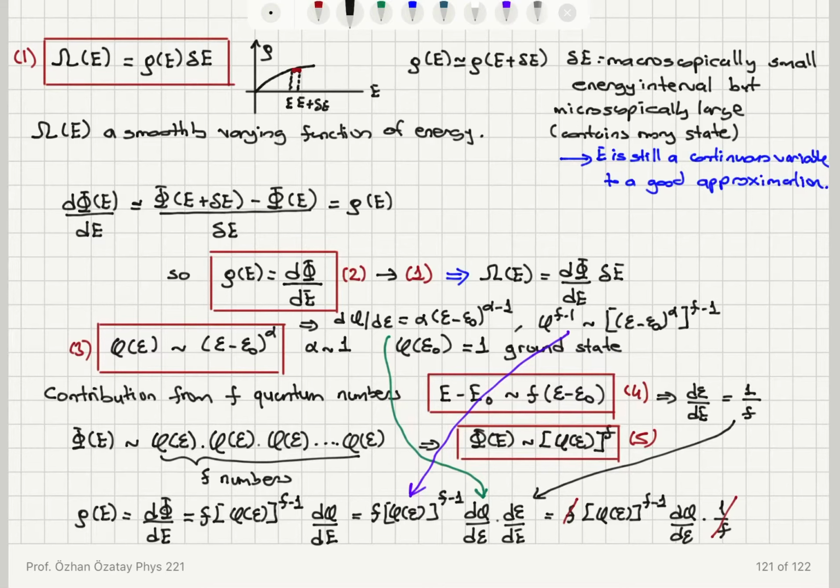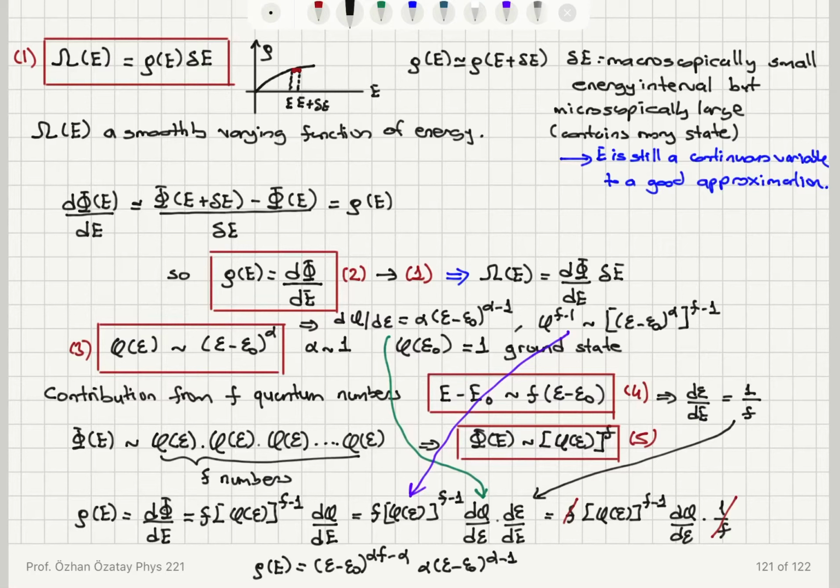Okay, so let's see what I get at the end. I'm going to get for the density of states rho of E: phi to the power f minus 1, so it is epsilon minus epsilon 0 to the power alpha f minus alpha, and then I have d phi d epsilon, which is alpha times epsilon minus epsilon 0 to the alpha minus 1, and then the d epsilon dE I substituted, I got 1 over f, the f's cancelled.